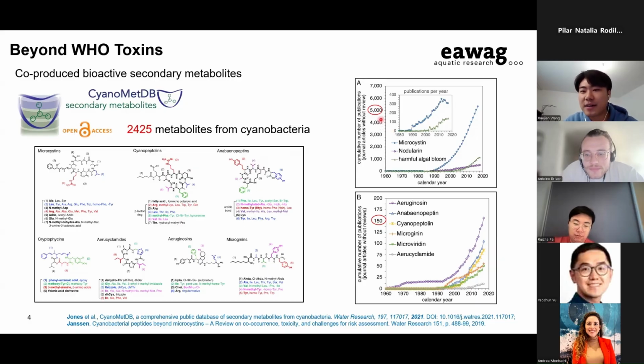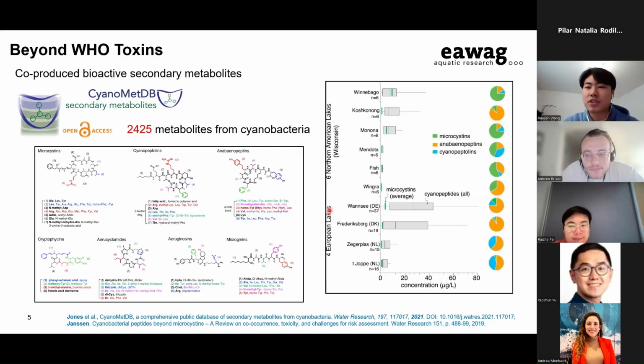There are over 5,000 publications about microcystin, but when it comes to other metabolites, there are only several hundred. And also we wonder, if there are so many other metabolites co-produced at the same time, will microcystins always be the most abundant toxins?